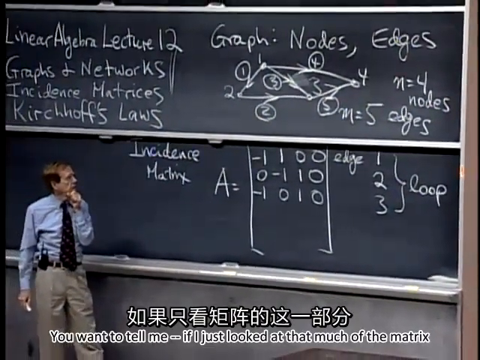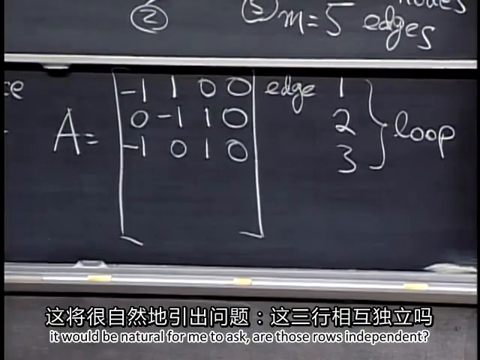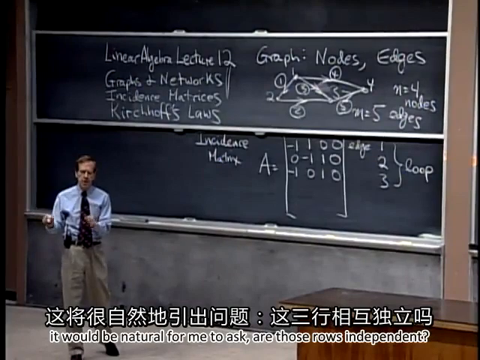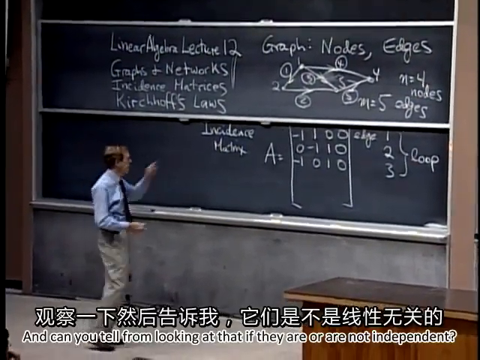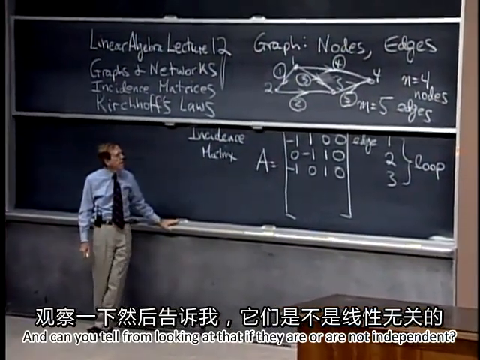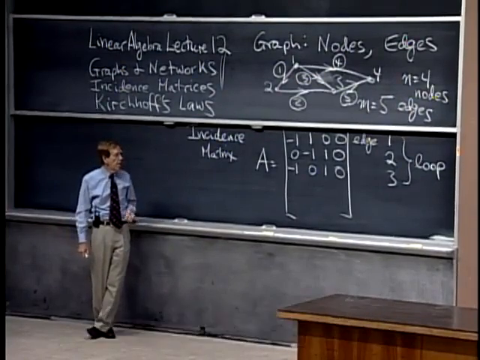if I just looked at that much of the matrix, it would be natural for me to ask, are those rows independent? Can you tell from looking at that if they are or are not independent? Do you see a relation between those 3 rows?